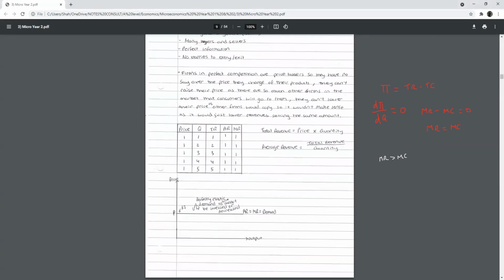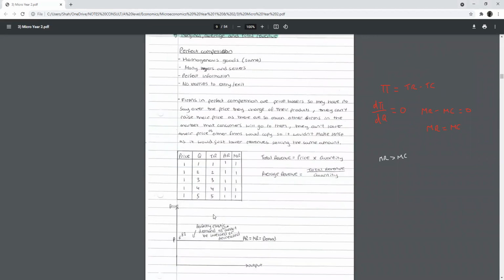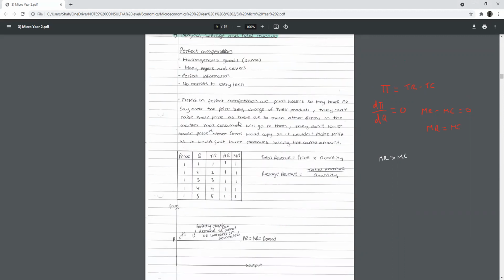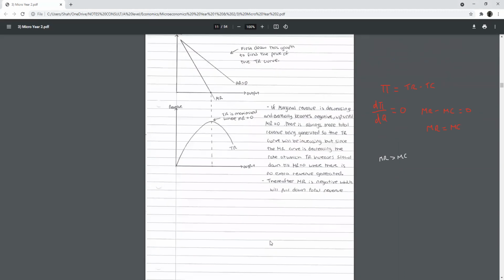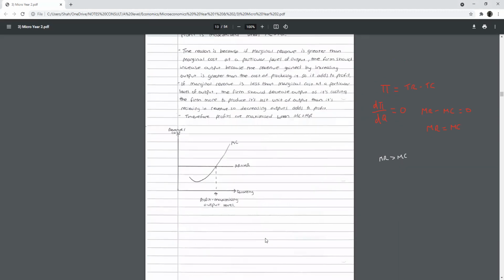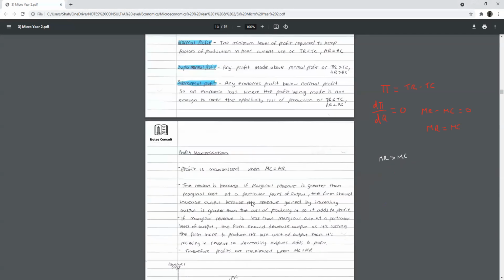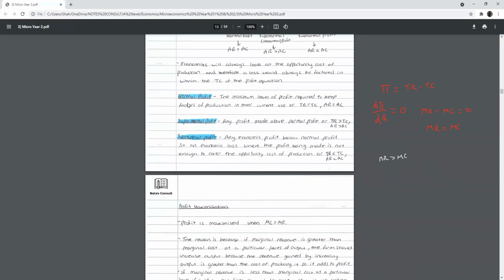Whereas for perfect competition, what we just saw, where firms are all the same, they have homogeneous goods, many buyers and sellers, perfect information, no barriers to entry and exit. These kind of firms, like farmers and stuff, their curve just looks flat. And so when they profit maximize with a flat curve, we just saw that they make normal profits, which is basically zero profits, where AC is equal to AR, and that's what we just linked to here.